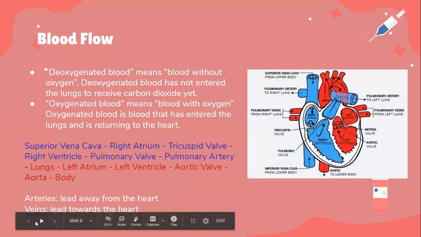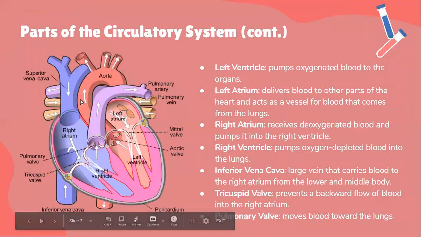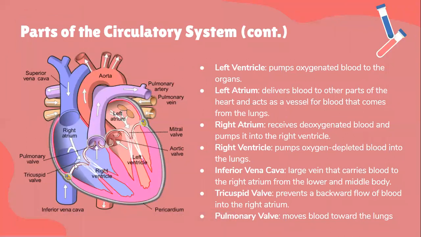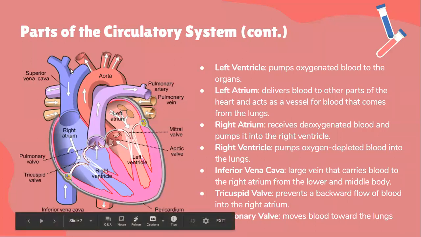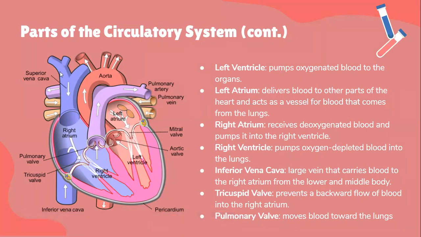And you probably noticed in the previous diagram how the right is blue and the left is red, reddish pink. It's usually labeled like that because blue means deoxygenated. So deoxygenated blood always goes through the superior vena cava and down to the right atrium, right ventricle.